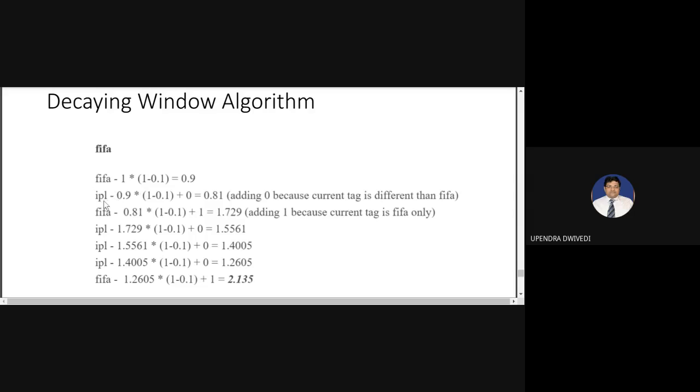Our next element is IPL, so we again take the existing element and multiply it by 1 minus 0.1. Then we add 0, because the current tag is different from FIFA. We evaluate all the incoming elements by this approach, and in the end we get a value for FIFA of 2.135.